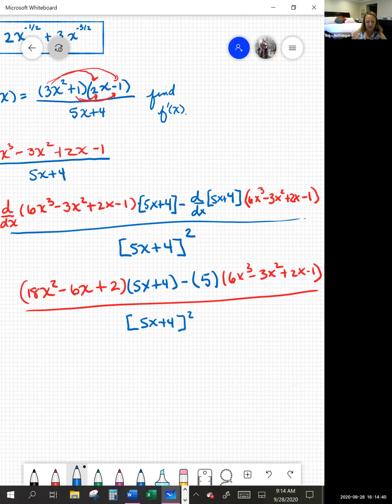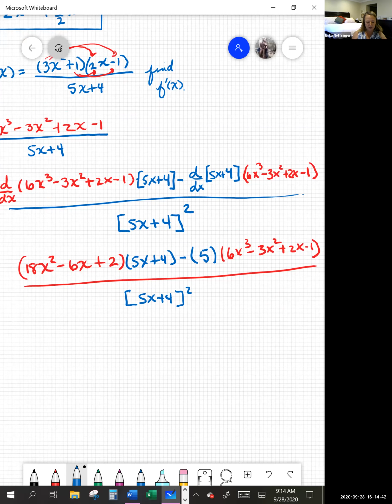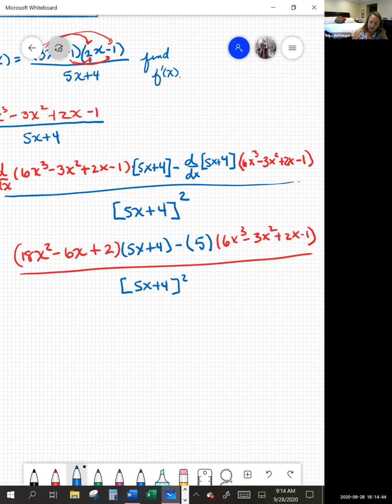So we're going to clean it up by distributing and combining like terms in the numerator. 18x squared times 5x, 18 times 5 is 90, so that's 90x cubed. 18x squared times 4, 18 times 4 is 72, so 72x squared.